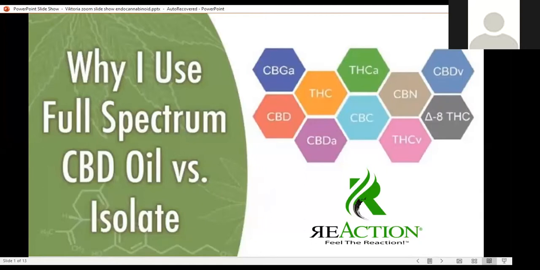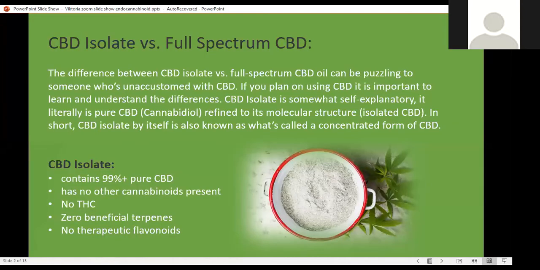Tonight I want to talk about why I use full spectrum versus a normal isolate CBD oil or broad spectrum CBD oil. The difference between CBD isolate and full spectrum CBD oil can be puzzling to somebody who doesn't understand what CBD is. So if you are planning on using CBD, it is important to learn and understand the differences.